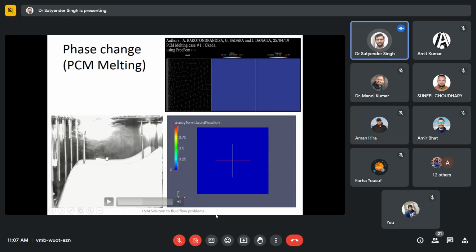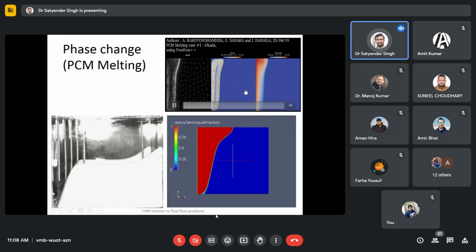So it is not clear from the experimental observation what is actually happening inside, what is the physics behind this melting front. So first, using a CFD platform, we can mimic the same problem. And the beauty of the CFD solution, as I told you already, is that we can see the change in the variables, like velocity and temperature.